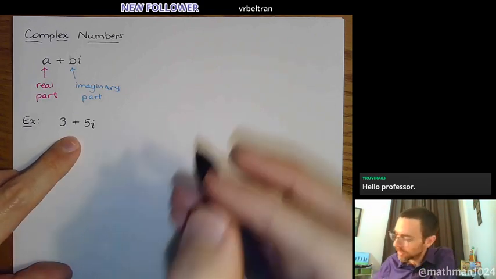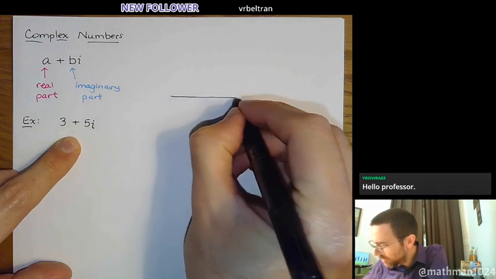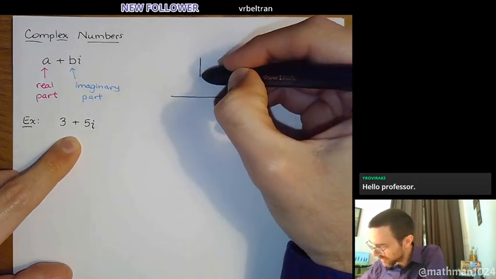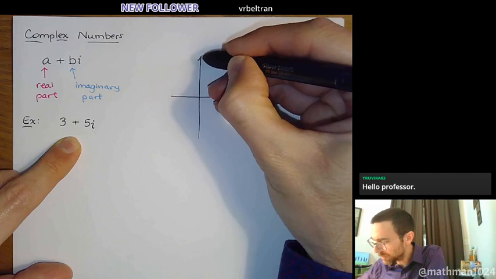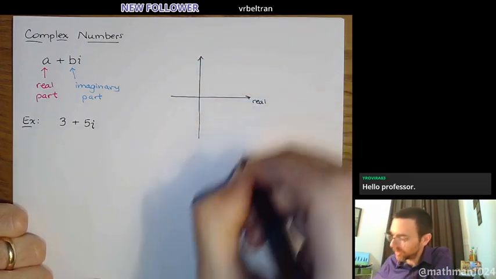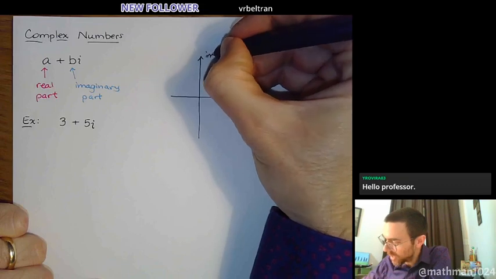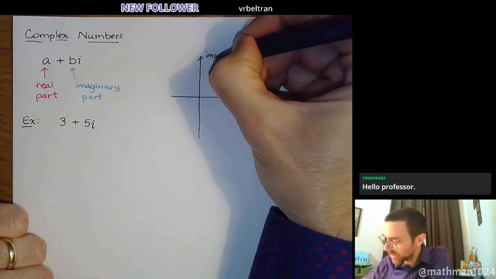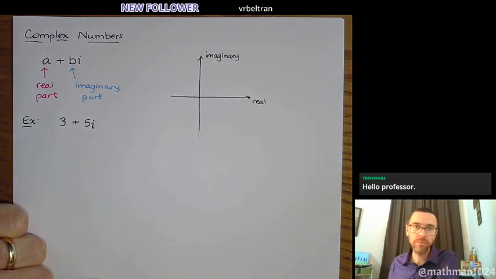Plot your number, fill in the point, and you move on. For something like a complex number, we talk about graphing these as points on the complex plane, where instead of having x, this is called the real axis, and the y-axis is now the axis for your imaginary part.